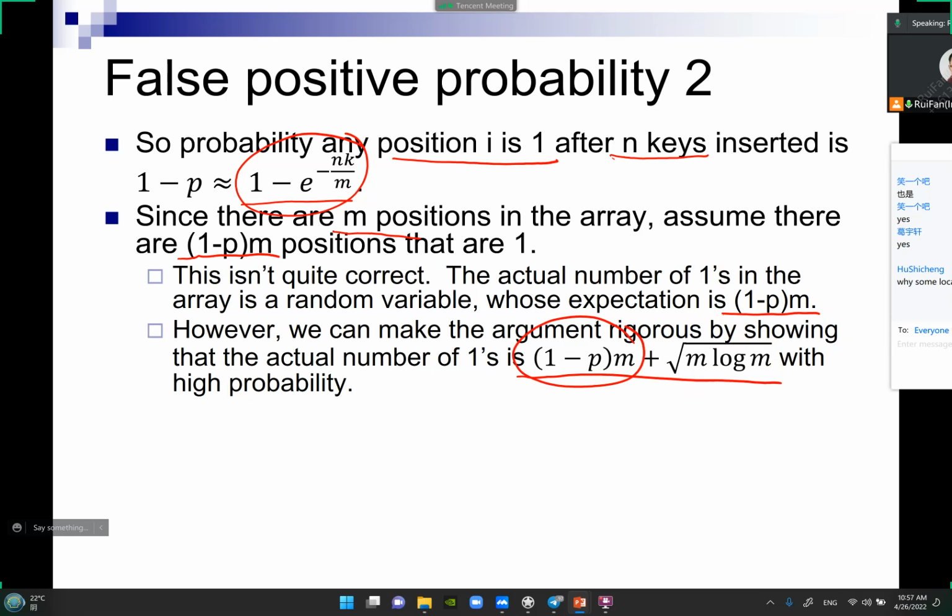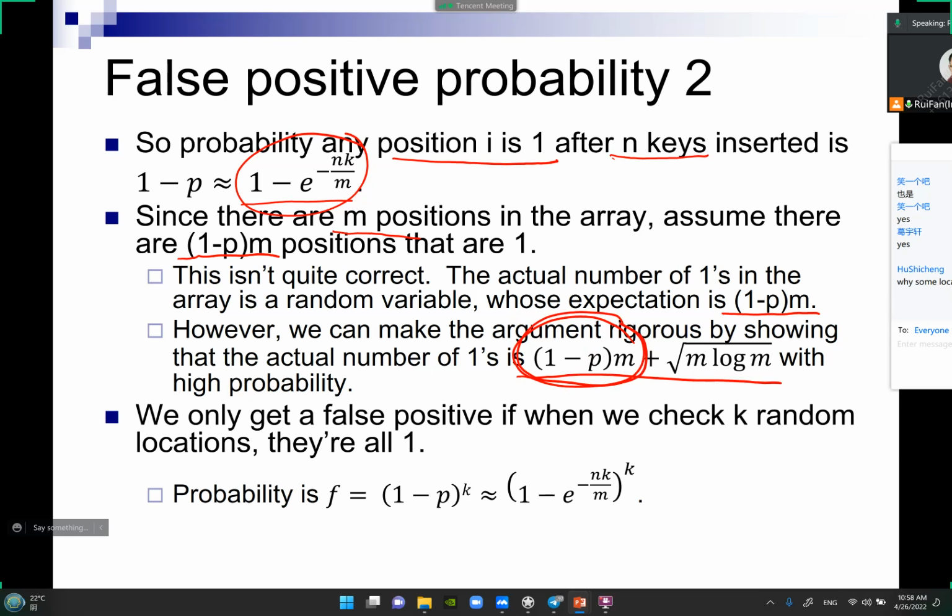We're going to make a simplifying assumption, which is not exactly correct: we're just going to assume that the number of 1s is exactly equal to the expected value. If you want to make things more rigorous, you can use the tighter bound, but the basic argument is the same. So if the expected number of 1s is this value, then when you check a particular location, it's going to be 1 with this probability.